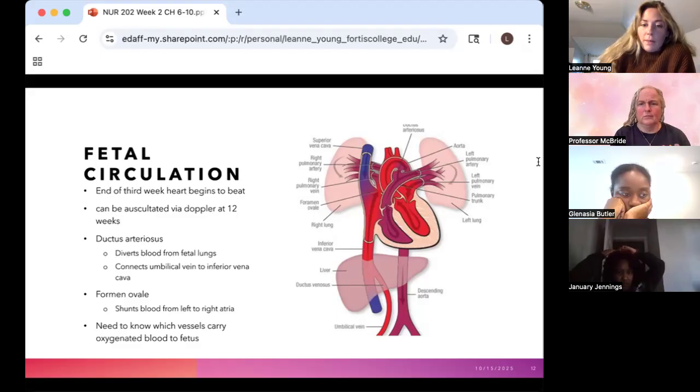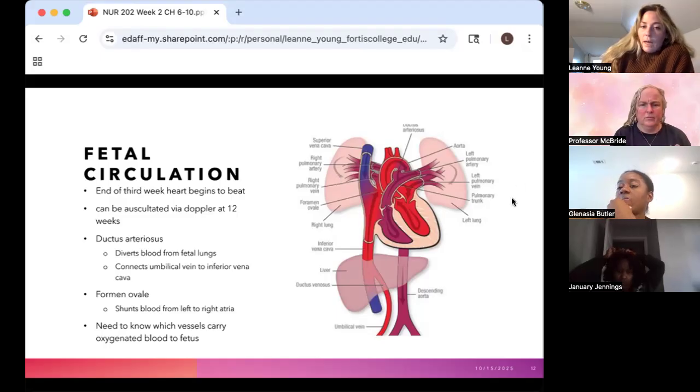And it'll make its way into the foramen ovale, and it's going to mix with deoxygenated blood returning from the fetal lungs through the pulmonary veins. The blood flows into the left ventricle and is squeezed out into the aorta. And this is where the arteries supplying the heart, head, neck, and arms receive most of the oxygen-rich blood. Deoxygenated blood returning from the head and arms enters the right atrium, and this blood is directed to the right ventricle where it's squeezed into the pulmonary artery.